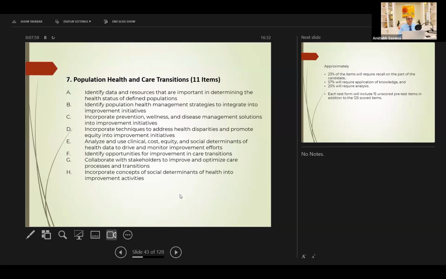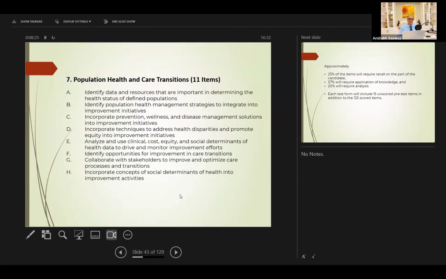And so these were the modules up to 6. And the 7th module has been introduced in the year 2023, which is population health and care transitions. So as a CPHQ, as a certified professional in healthcare quality, you are not only helping your hospital to reduce the costs, but also you are helping the government to reduce the healthcare costs.